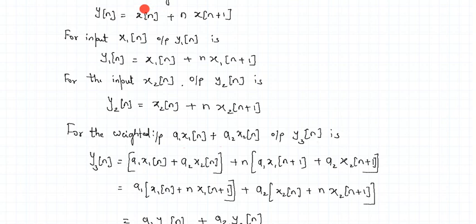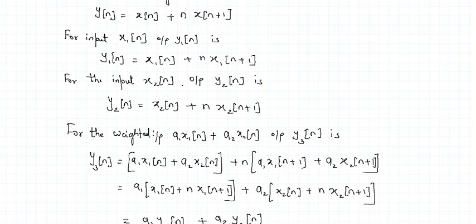So we replace x[n] by a1 x1[n] plus a2 x2[n], plus n times the input as a function of n+1. When we apply a weighted input, it should also be a function of n+1, and therefore the weighted input becomes a1 x1[n+1] plus a2 x2[n+1]. So this is the system output for the weighted input.